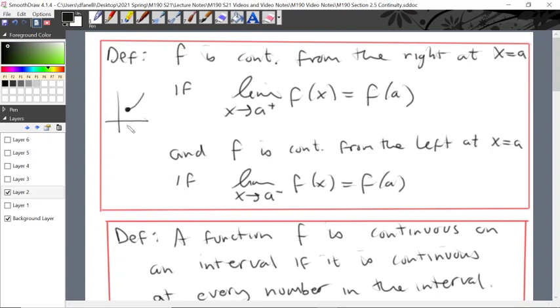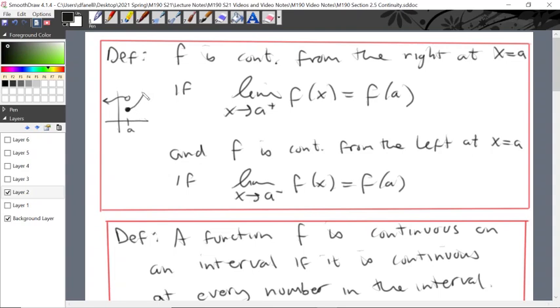It could be that the function is still in the domain when we are to the left of this value, but let's say this is value a, and maybe the function continues off like this. This would be an example where the function is continuous from the right. It's not entirely continuous, of course. It doesn't satisfy the full definition of continuity. Clearly, we have to lift the pen to draw it.